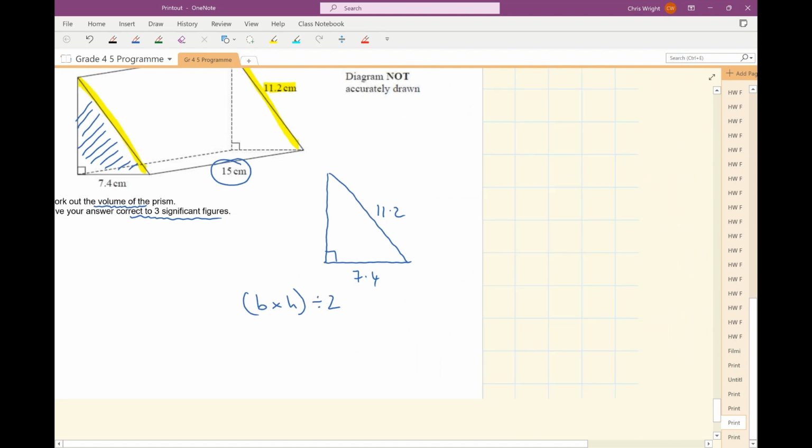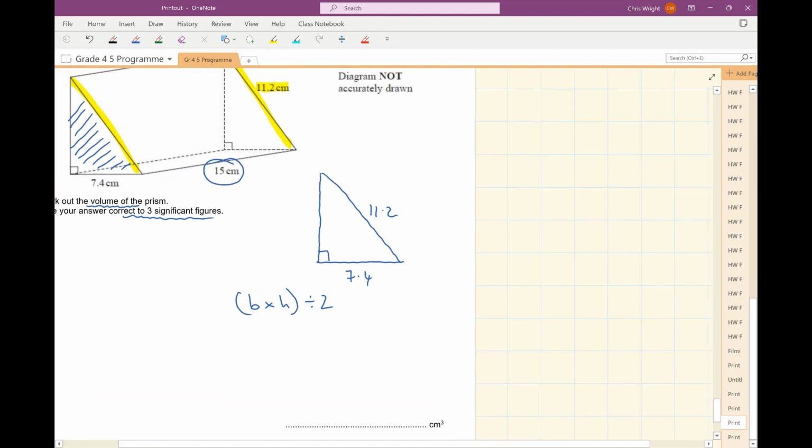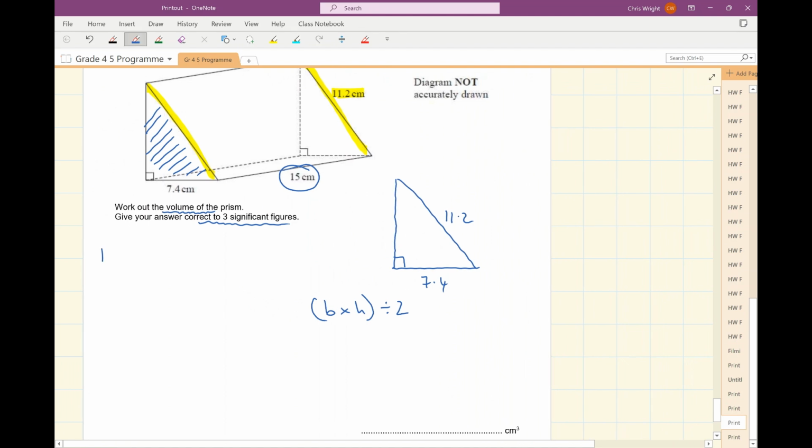But I can find the height using Pythagoras. So I'm going to go 11.2 squared and 7.4 squared. Okay, 11.2 squared, 125.44, and 7.4 squared, 54.76. Now, am I adding or subtracting?